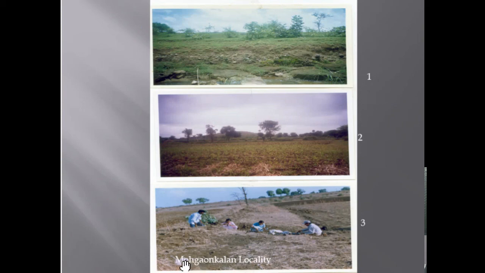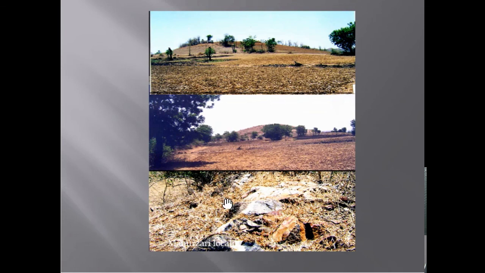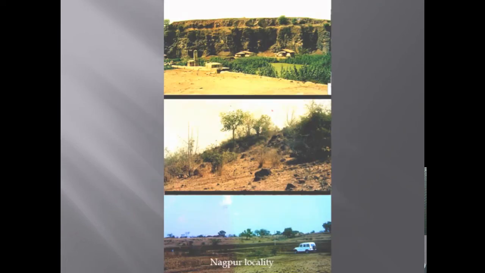These are the various sites of Maharashtra: the Mohagaokalan locality, the Nagpur locality, and the Yavatmal locality.